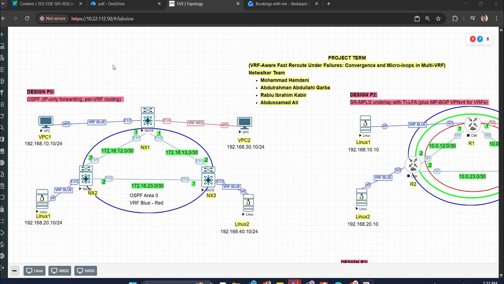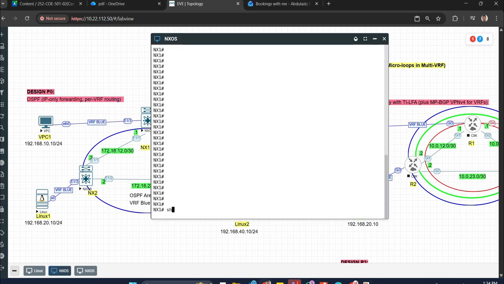This is our lab, which is deployed on the emulator, and according to design P0, it's configured with OSPF, and there are two VRFs in NX1. Let's see, I would like to show the VRF status. There are two VRF IDs, blue and red.